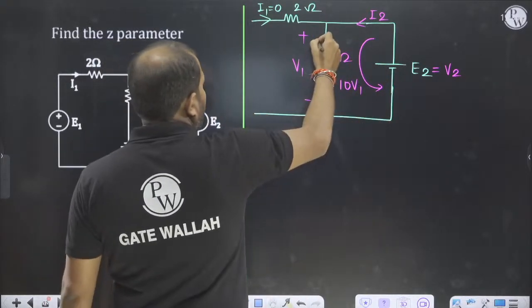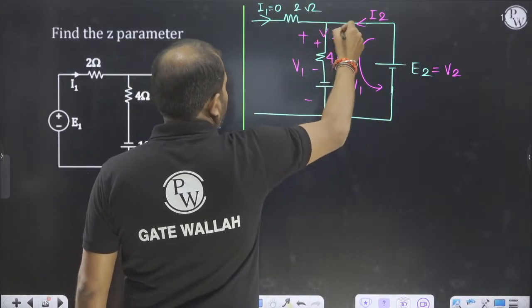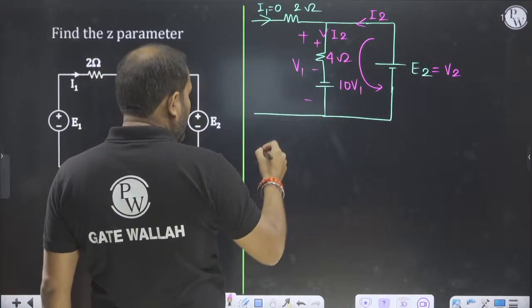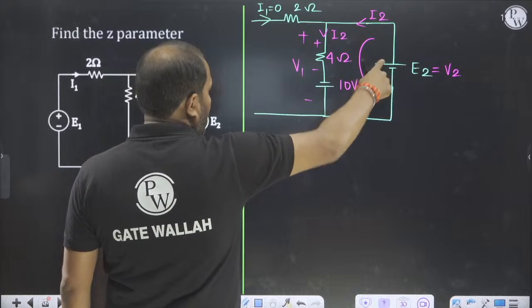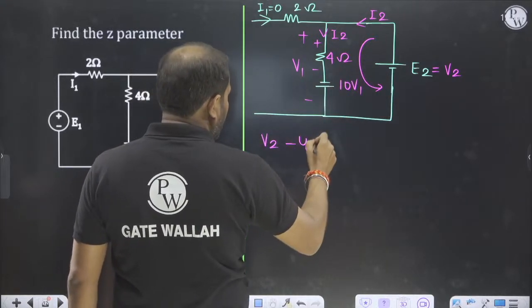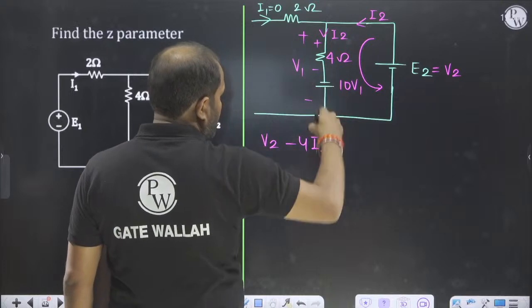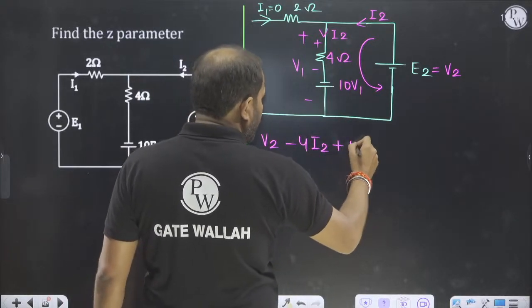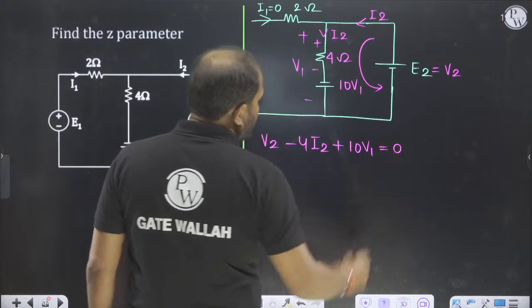Here the current is going like this. I2 current will flow because I1 is 0. So what is the voltage? Minus to plus, plus V2, plus to minus, minus 4I2, and minus to plus, plus 10 V1 is equal to 0.